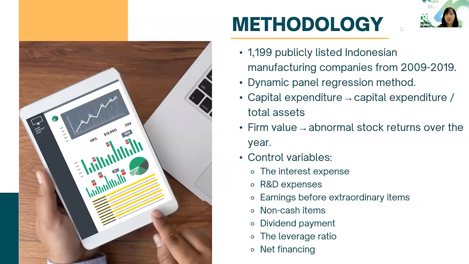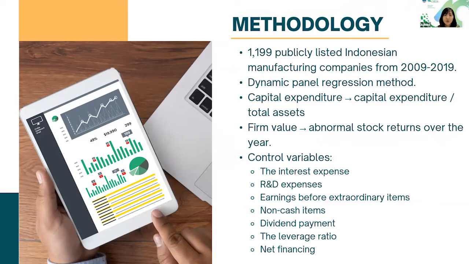In relation to our paper methodology, we took data from 1,199 publicly listed Indonesian manufacturing companies from 2009 up until 2019. And then we used the dynamic panel regression method. For capital expenditure, we operationalize it by using capital expenditure divided by total assets.